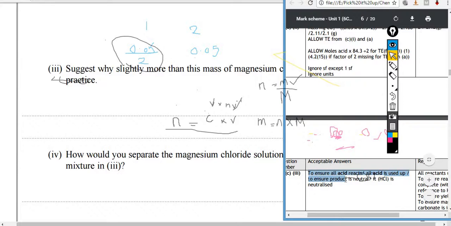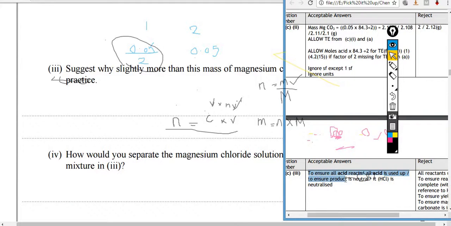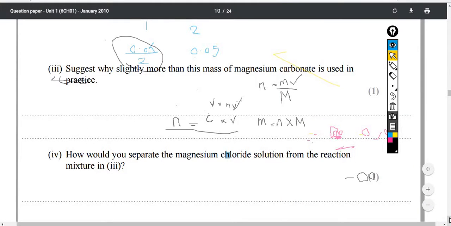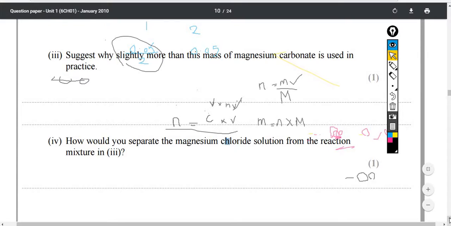If you add the same amount, due to many reasons, or maybe even human errors, maybe you can't get exactly that amount, and also we rounded off for many reasons. Maybe some acid molecules could not react because there's not enough carbonate. So to avoid this and to completely neutralize the HCl acid, we use a little bit more than normally required, I mean more than what you get from the calculation.